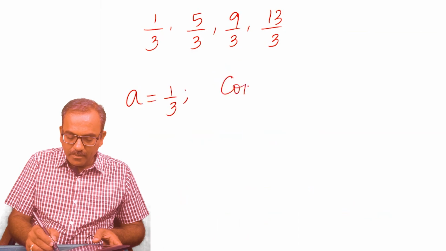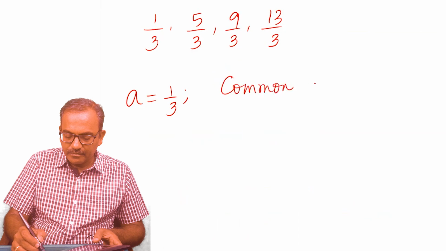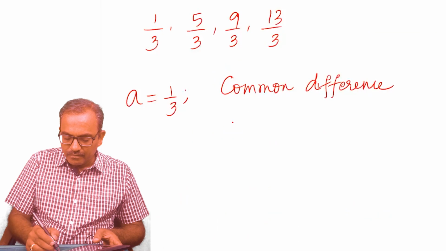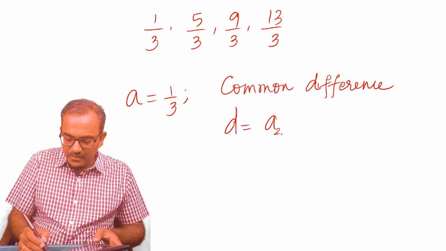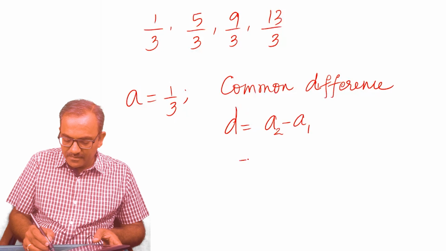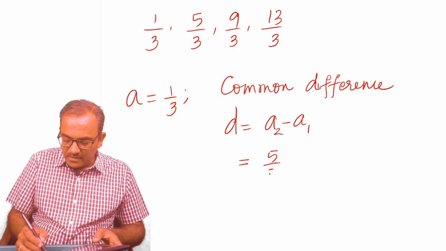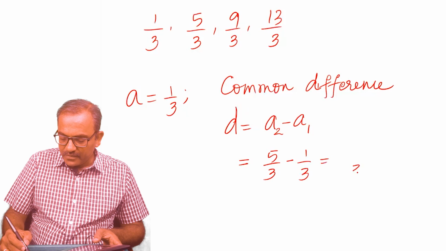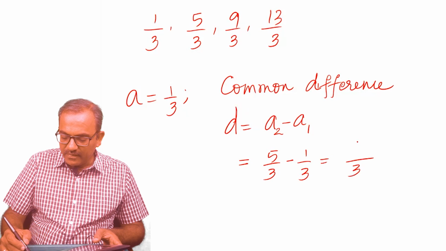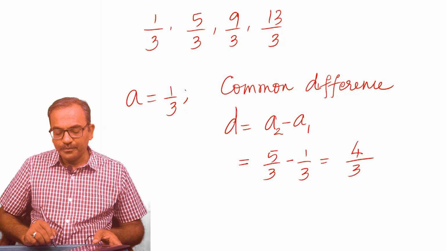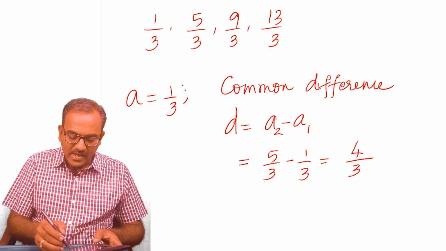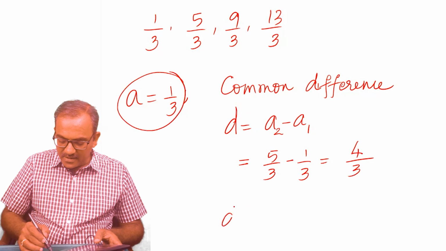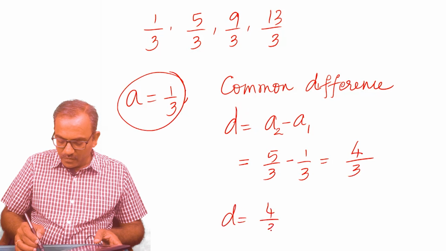Now the common difference D is equal to A2 minus A1. So it is 5 by 3 minus 1 by 3. So it is 5 minus 1, which is equal to 4 by 3. So we have A is equal to 1 by 3 and D is equal to 4 by 3.